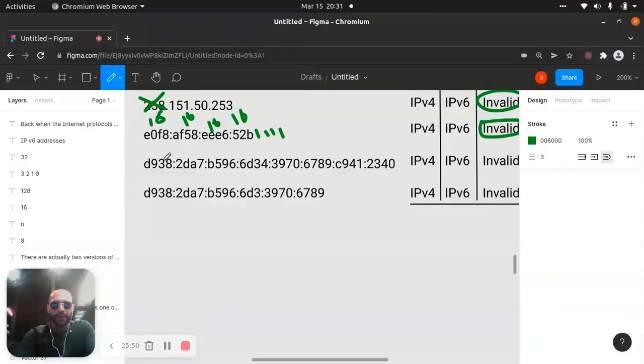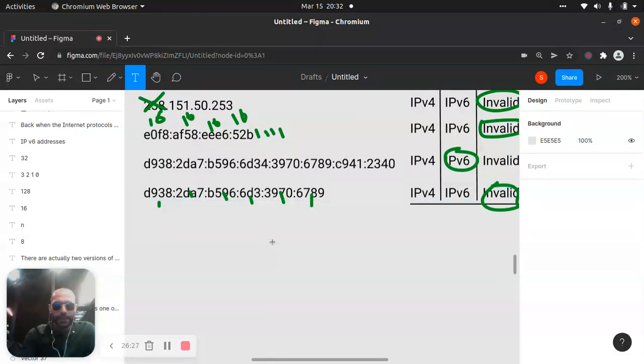We have 8 parts, right? 1, 2, 3, 4, 5, 6, 7, 8, and each place represents 16 bits. It is true. Again, it is IPv6. In this one, 1, 2, 3, 4, 5, 6, it is invalid. This is not IPv4 or IPv6. I think you got it, right?